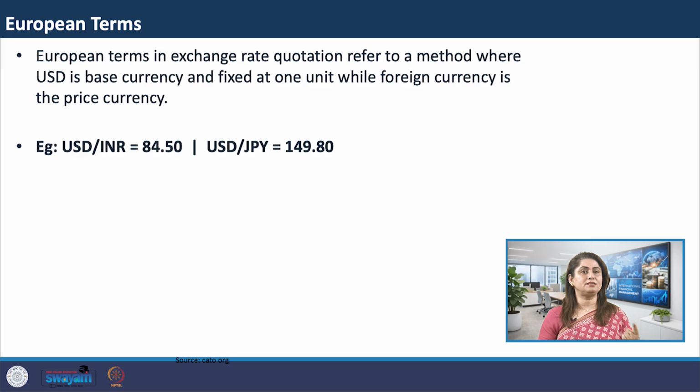For example, USD by INR is equal to 84.50, where 1 US dollar costs 84.50 Indian rupees. And USD by Japanese yen is equal to 149.80, where 1 US dollar costs 149.80 Japanese yen.